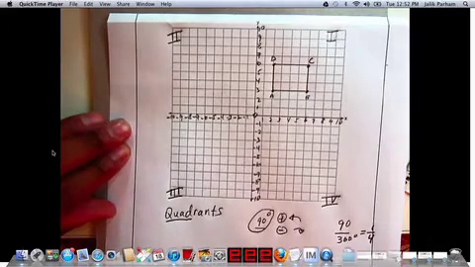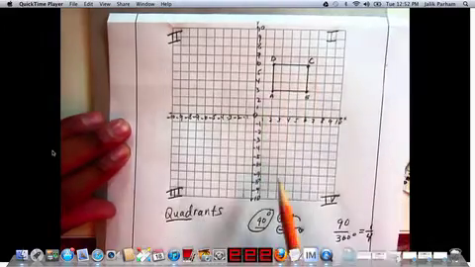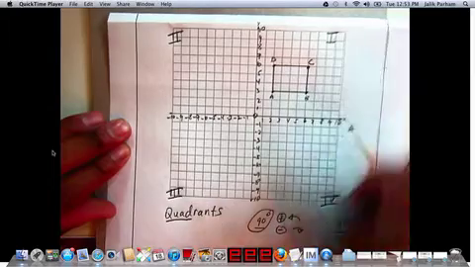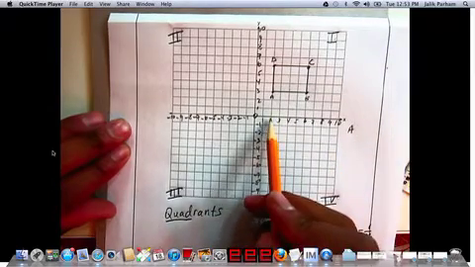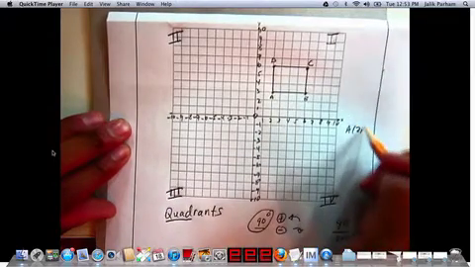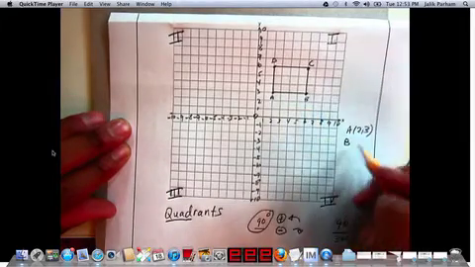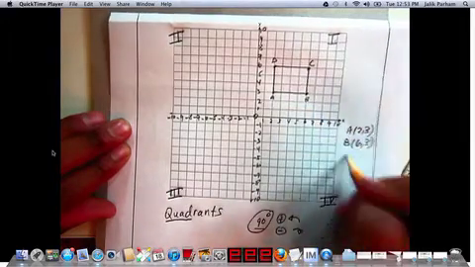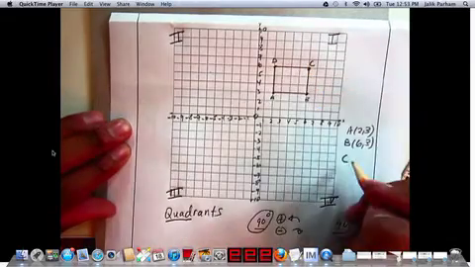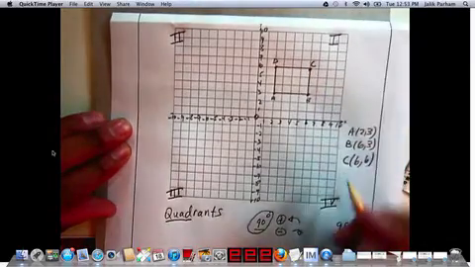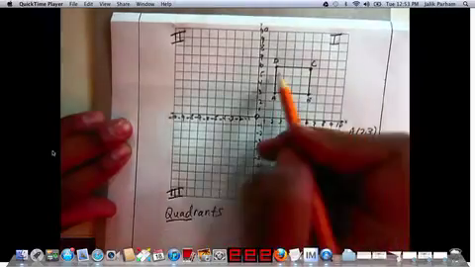Well, the first step is look at each point and write down the coordinates. So coordinates of point A is 2, 3. Point B, 6, 3. Point C, 6, 6. And you went over how to find coordinates in the last class. And D is 2, 6.